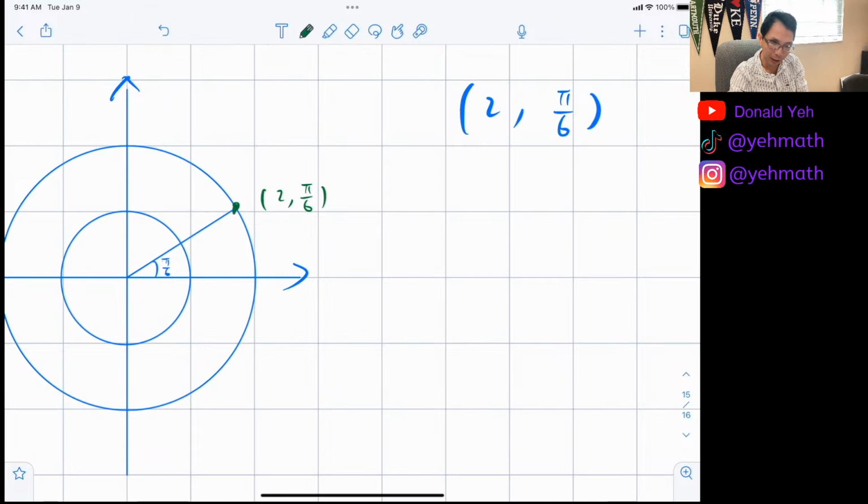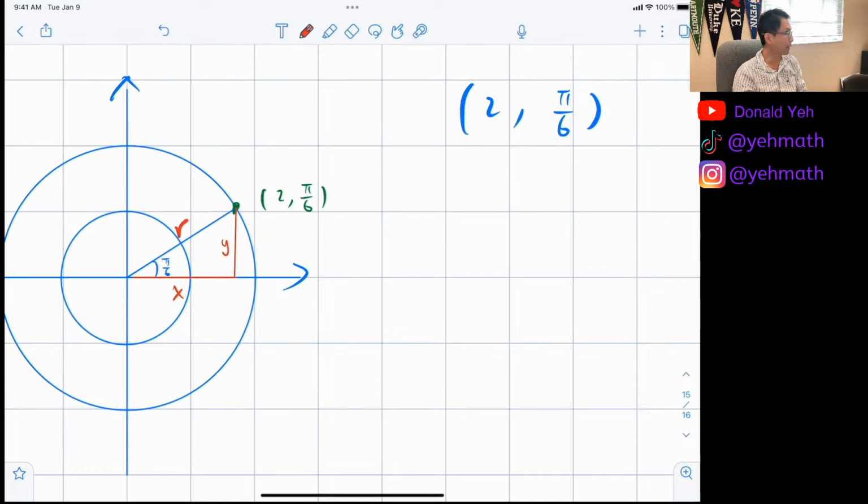If I draw a straight line here, there is a y value, and here there is an x value. And not only that, here there's an r, which is the hypotenuse. So (2, pi over 6) is going to be like that. But what is (2, pi over 6) in terms of rectangular coordinates?